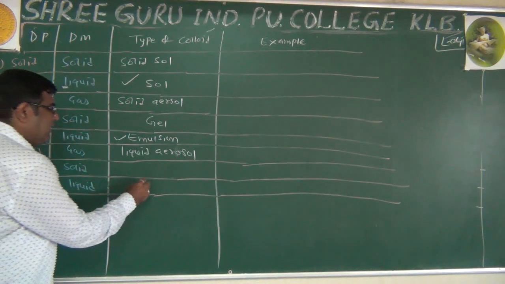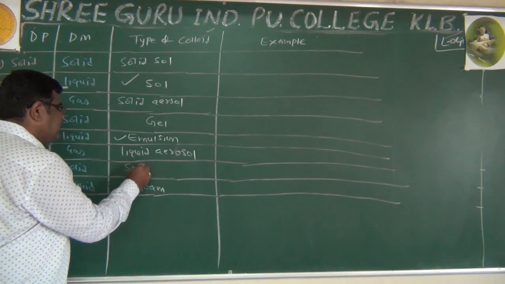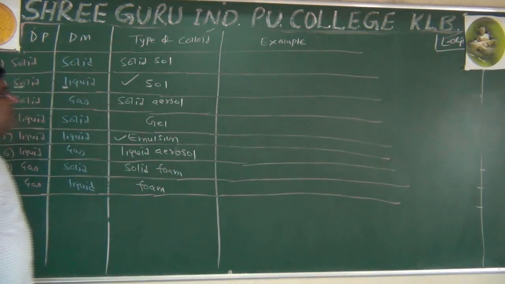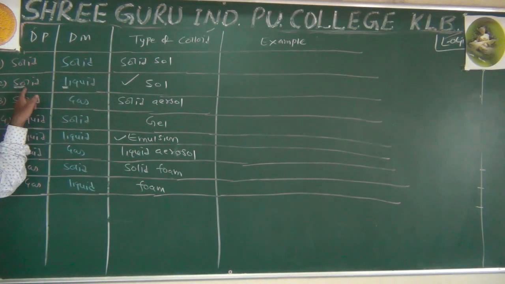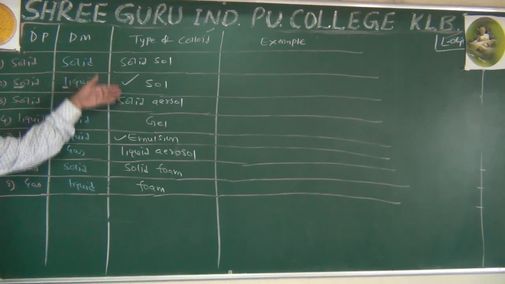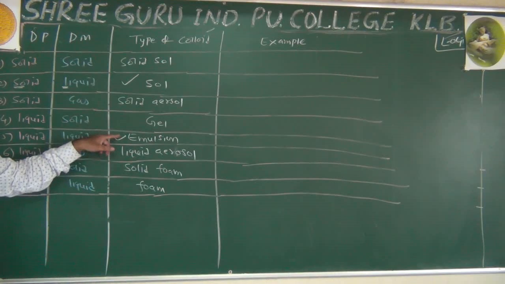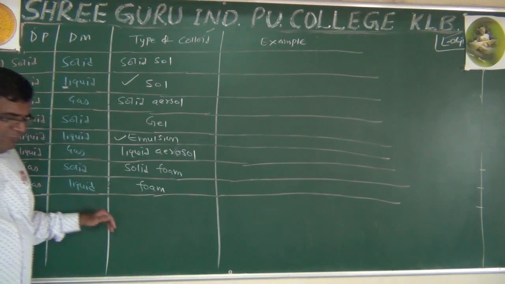Gas in liquid, the last one, is called foam. And gas in solid is called solid foam. Yes, they may ask for one mark also: in sol, which is the dispersed phase and dispersion medium? Solid in liquid. They may ask anything. You have to remember this. Otherwise, all you have to know.